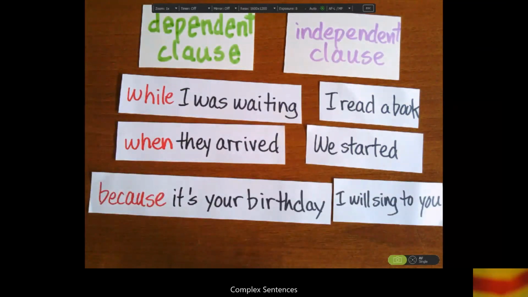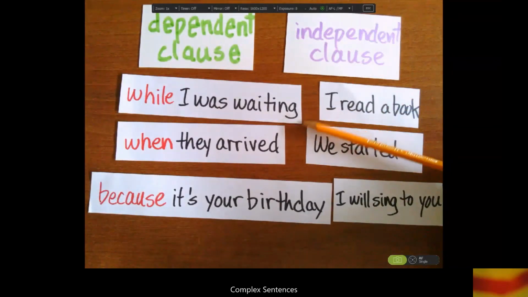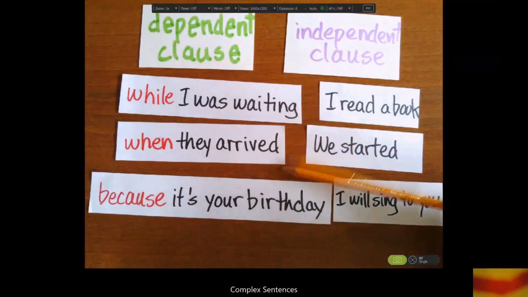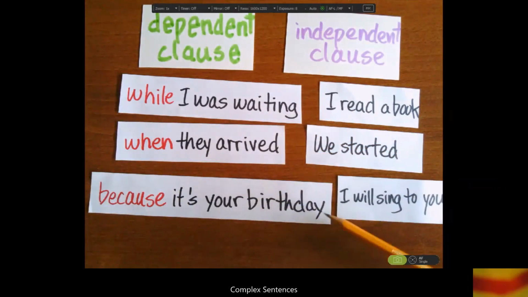I don't have punctuation here, but while I was waiting, you would have to put a comma right here. I read a book. When they arrived, comma, we started, period. Because it's your birthday, comma, I will sing to you. And that is a complex sentence structure.